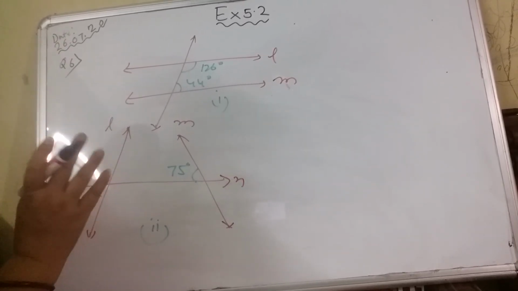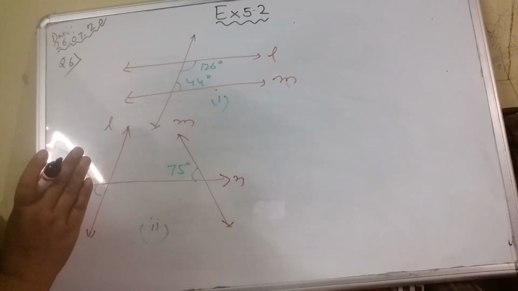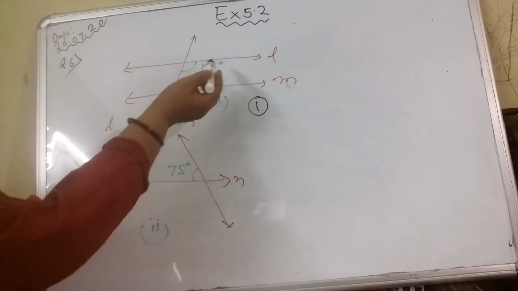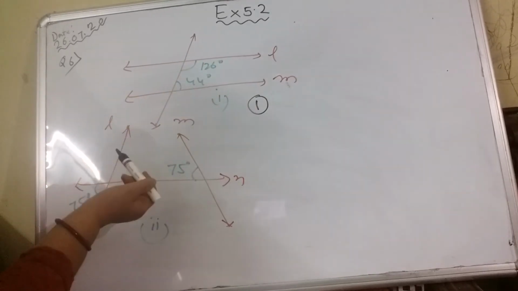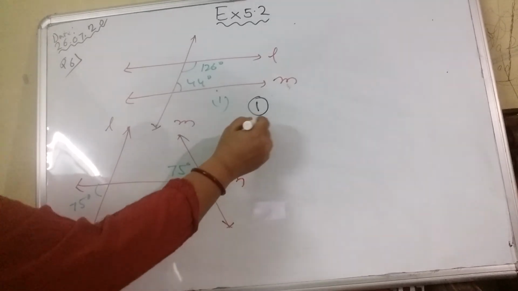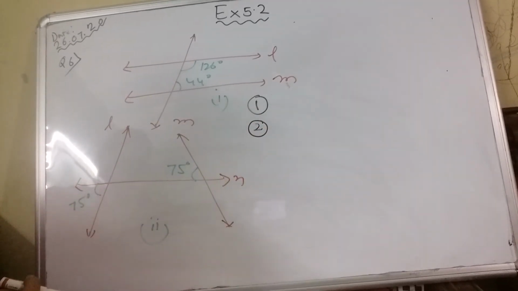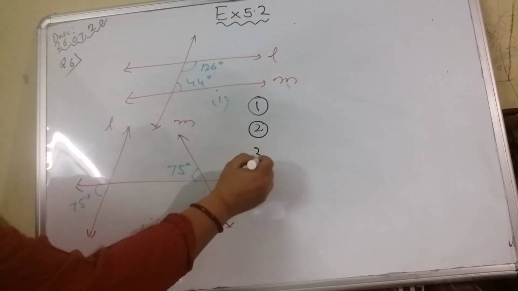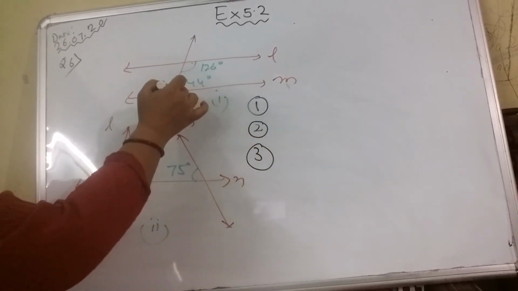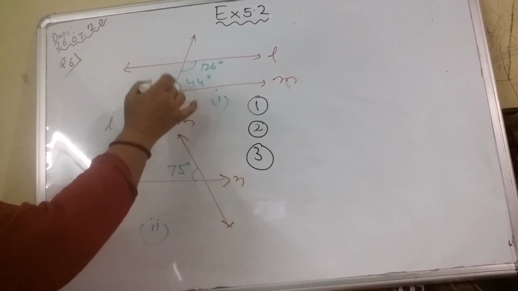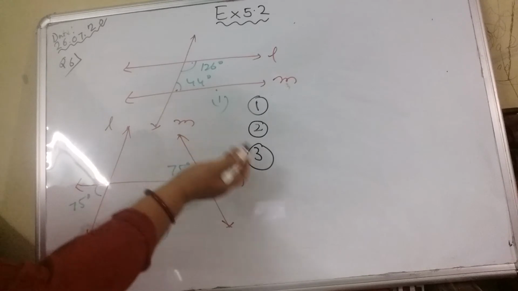We have learned three properties. First, when two parallel lines are cut by a transversal, their alternate interior angles are equal. Second, all corresponding angles are equal. And third, the interior angles lying on the same side of a transversal are supplementary.